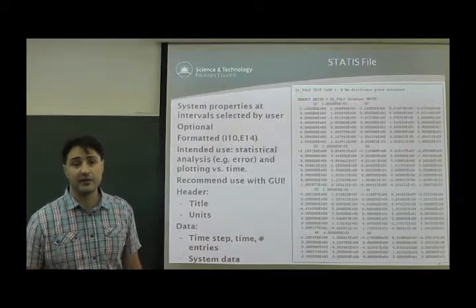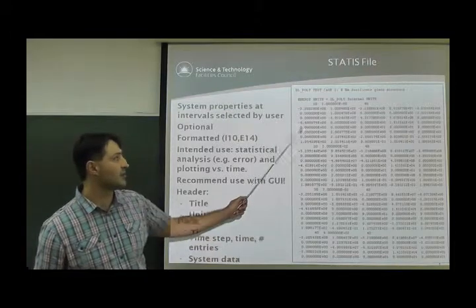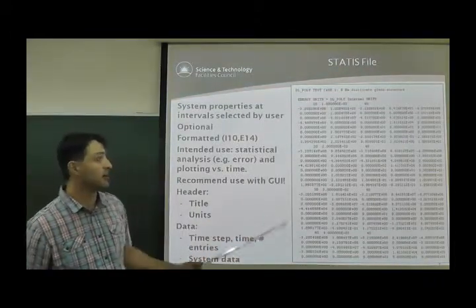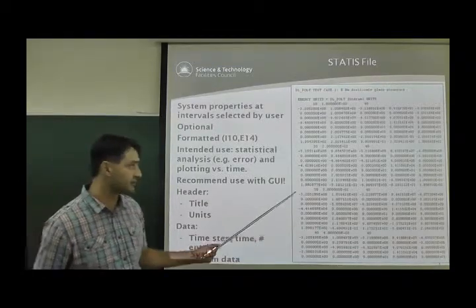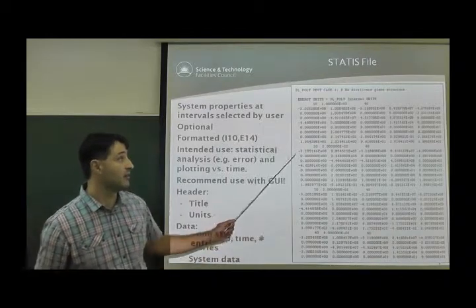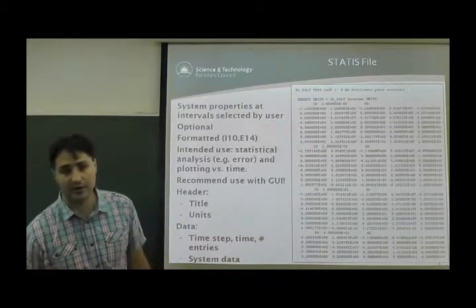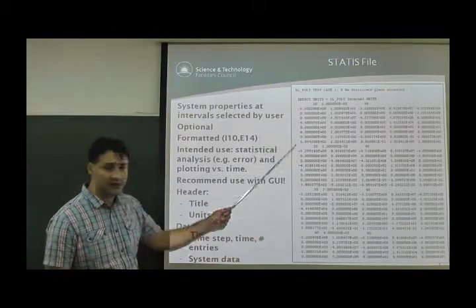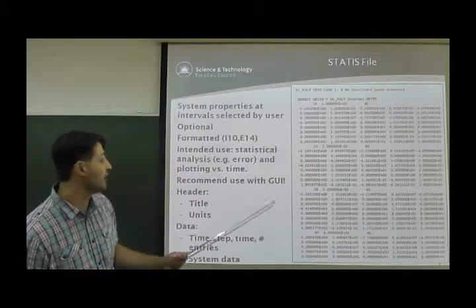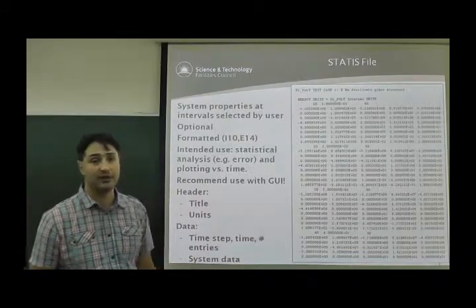Of course, this file is readable by the DL_POLY GUI, and certain of those numbers can be interpreted as temperature, pressure, volume. However, if you want to get more out of it, because the GUI is limited in what it can display, you will have to know what these numbers mean, and that is very well described within the DL_POLY user manual. All these numbers, again, have some units attached to them, and when you know what the number means, you will know what the unit attached to it is.